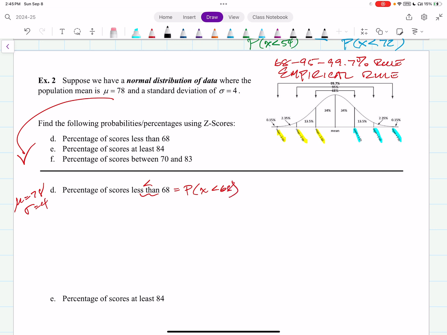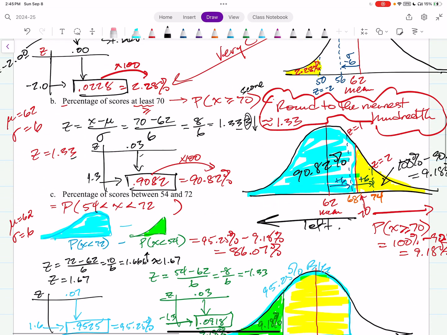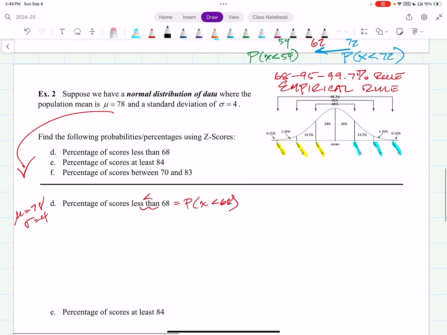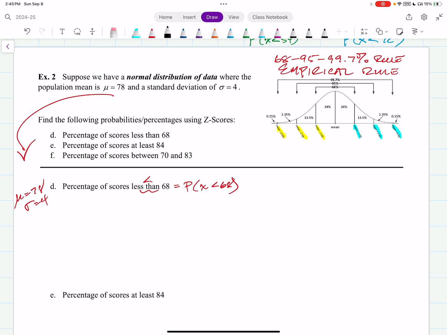So how do you do that? The first thing we do, as with all these other ones, is draw a normal distribution and look at it empirically first, and then use the details. Let's draw a symmetrical bell curve. It doesn't have to be perfect, just good enough to see what's going on. Split the bell curve in half at the mean.